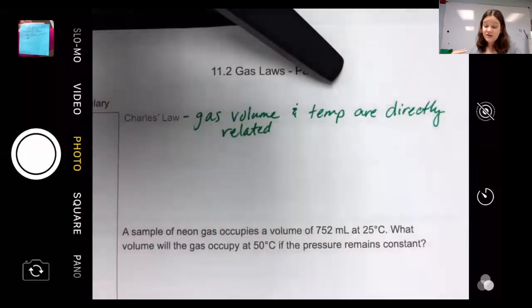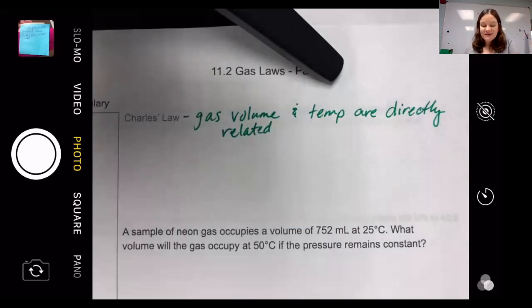Okay. So in other words, when the temperature increases, and the pressure stays the same, the volume has to increase. Okay, because you're increasing the energy of those molecules, so they're going to move more and more. So to keep the pressure the same, they have to expand.